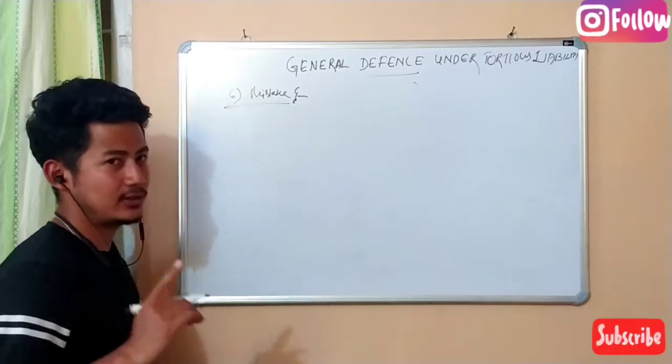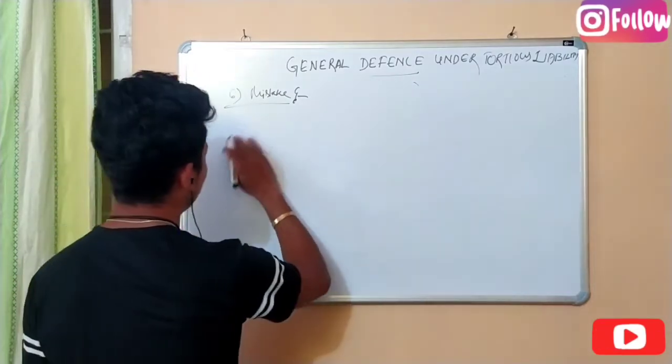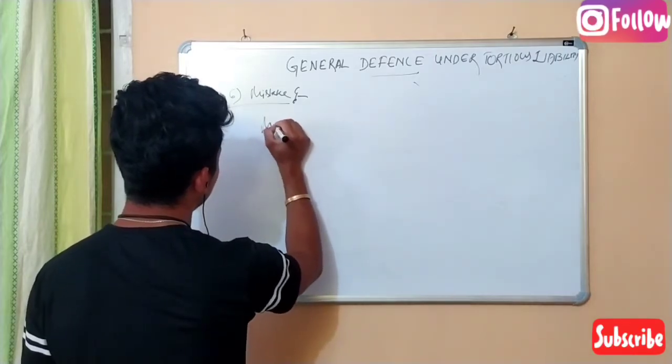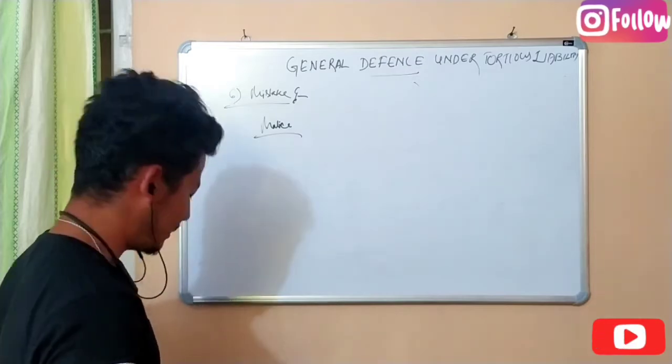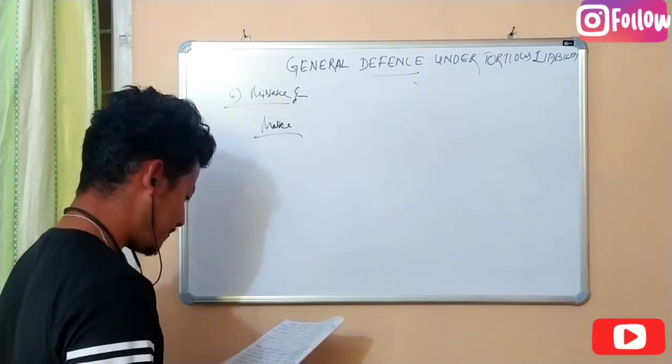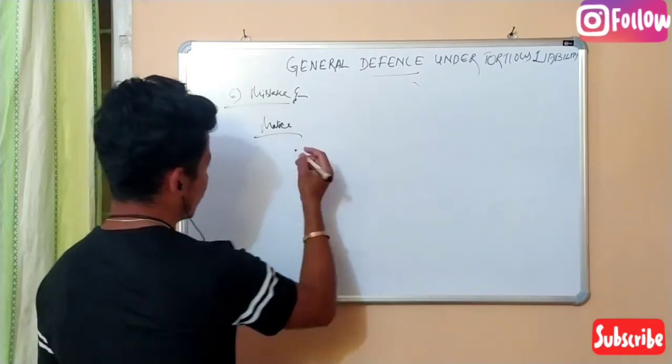But there are certain situations where mistake can be pleaded as a defense, okay, like where the conditions required malice, okay. The situation where malice is required. Say for example, malicious prosecution.